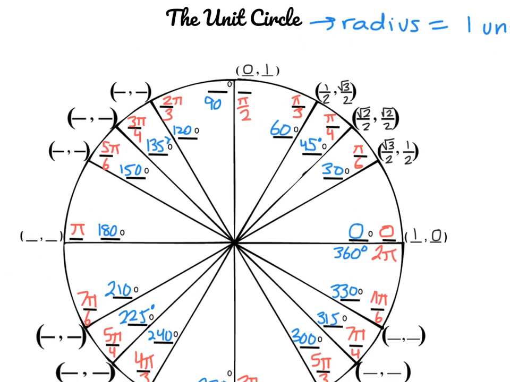Now, once you know the coordinates from this first quadrant, we're going to do the same, except just adjust for any negative values. So since this is 30 degrees away from our x-axis, this coordinate is going to match with this coordinate. This coordinate is going to match with this coordinate, and this coordinate will match with this coordinate.